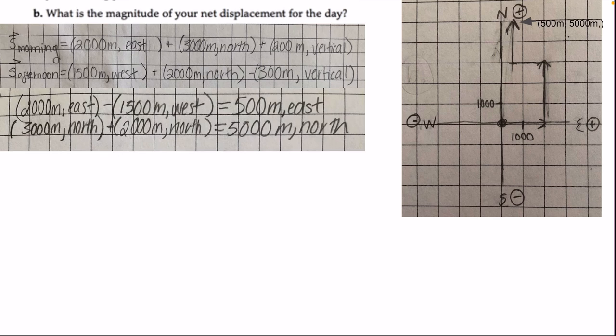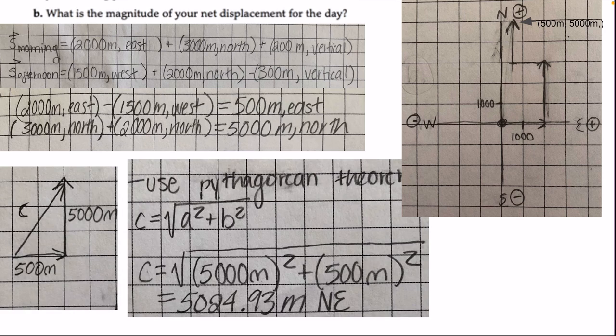And so for this part, we also have to use the Pythagorean theorem because the 500 correlates with the component in the x direction and 5,000 in the y direction, so you can use the Pythagorean theorem to solve for that hypotenuse that would go from the origin up to that final point to solve for displacement for that section of the hiker's distance traveled.